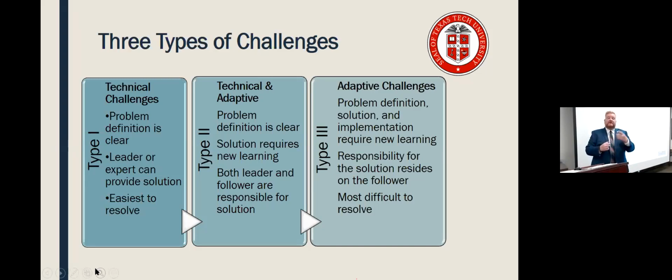As you get more into adaptive, I think the example you bring up, human trafficking, would be an adaptive challenge, because there's so much knowledge that has to be learned on behalf of everyone to understand all the causes, all the challenges, the different parts of that problem. It's adaptive.